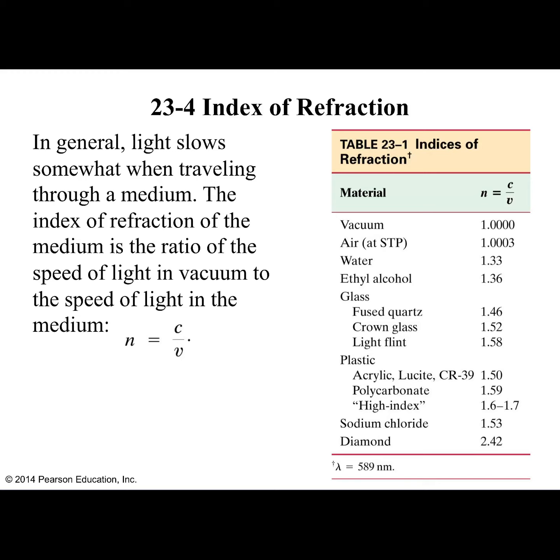So if c is the speed of light in a vacuum, right here, and v is the speed of light in a medium.